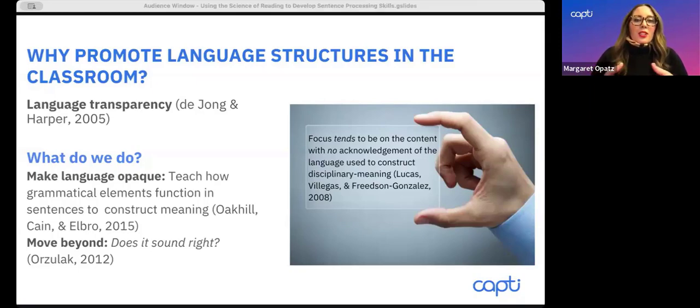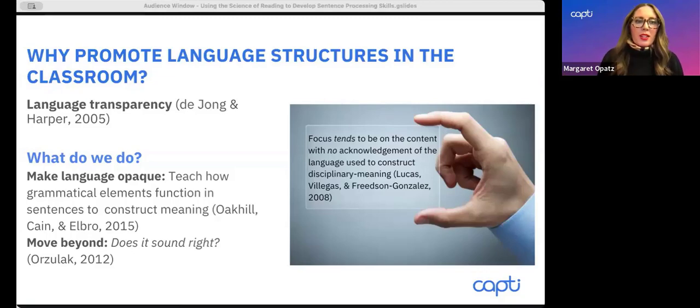So as teachers, we tend to look at a text and highlight the content within it. If it's a science text, it's really going to be the content knowledge that's important for students to be able to understand this text. But what that doesn't do is show us what causes the text to be so difficult. Why is the construction of the text likely to cause issues for students?